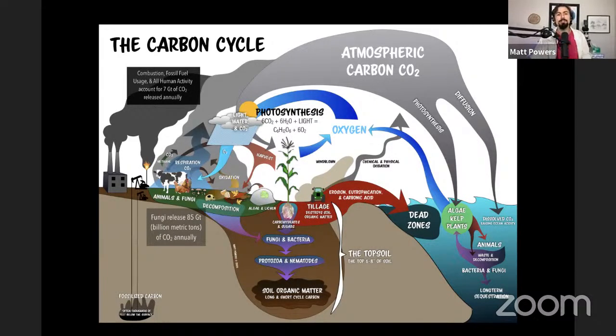Okay. So it's all about sequestering that carbon, bringing it down, making the air more oxygen rich and the soil more carbon rich. Do you guys see it? Soil organic matter, carbon sequestered, and then oxygen release. This is primary. And yes, fungi release 85 gigatons annually of CO2.